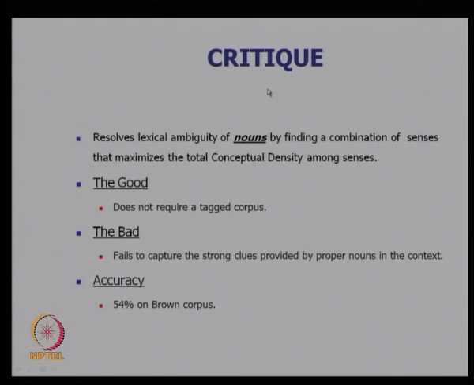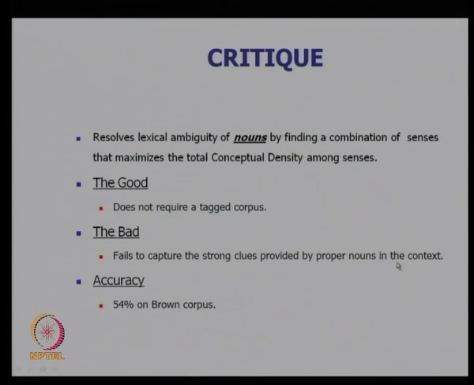Now, the critique of this approach is that it resolves lexical ambiguity of nouns by finding a combination of senses that maximizes the total conceptual density among senses. The good part of this algorithm is that it does not require a tagged corpus, which is difficult to create. The bad part is that it fails to capture the strong clues provided by proper nouns in the context.